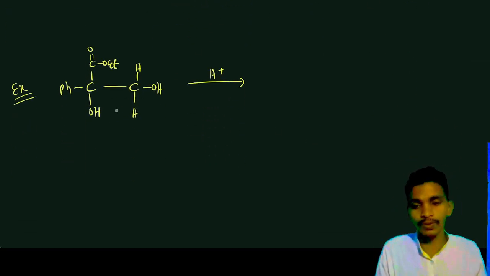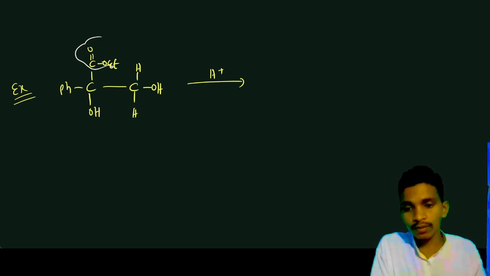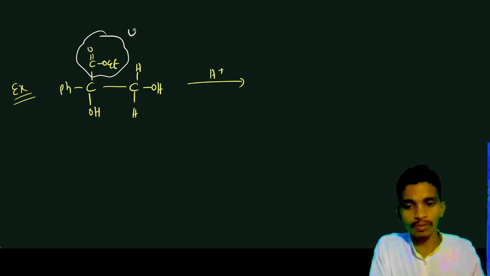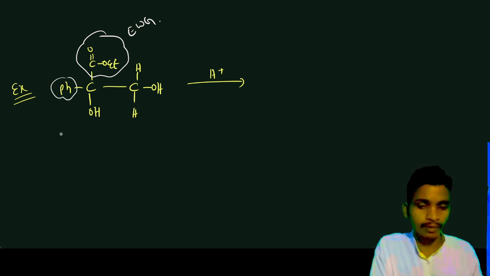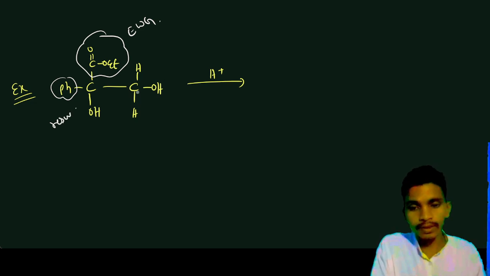Now look at this question. Here this is an electron withdrawing group. This is an electron withdrawing group. Okay, and this gives the resonance effect. And now this is the 1-degree carbocation. So here, although the electron withdrawing group is present, resonance is there.